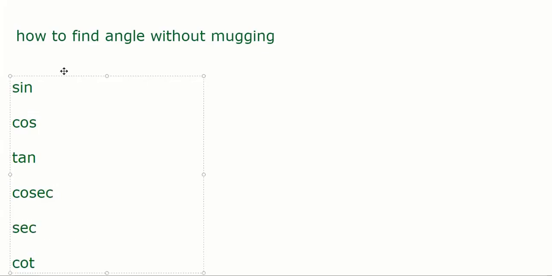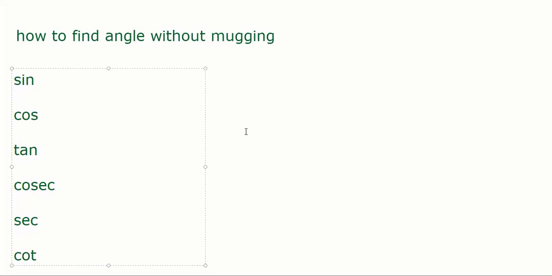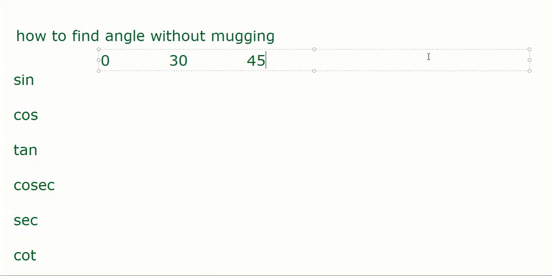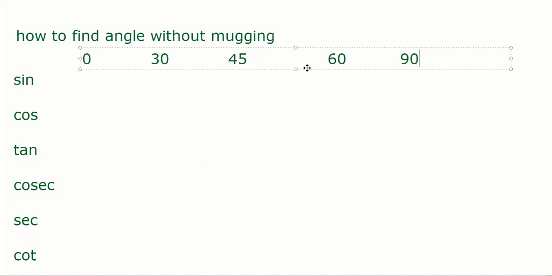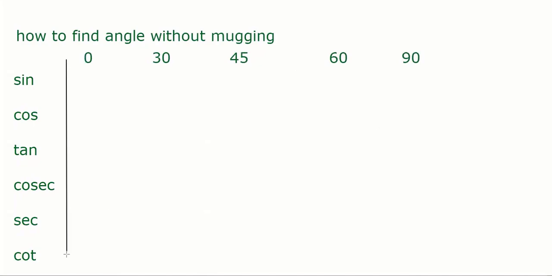The most common angles we count are 0 degree, 30 degree, 45 degree, 60 and 90. Now, guys, a very interesting, beautiful way of finding them without mugging is this. Let me put one line so that we can put it properly.